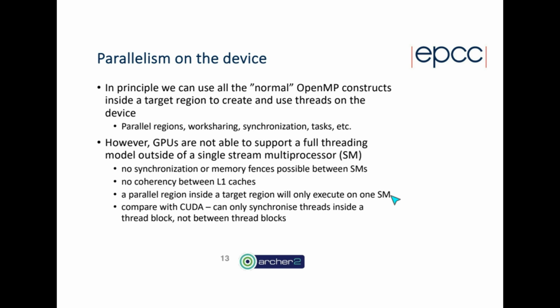If you're familiar with CUDA, then the same restrictions apply there. Effectively, in CUDA, you can only synchronize threads inside a thread block, which is executing on one SM, and not between thread blocks, which are executing on different SMs. So different APIs have to reflect this restriction in different ways.